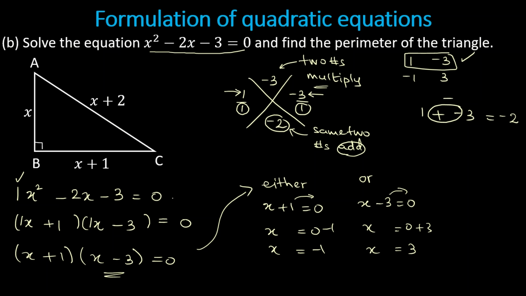Now again, this is a question of application, a question of formulation. You have to select your answer. Will it be the first answer, x equal to negative 1? If we take a look at the given diagram, which is a triangle here, we are saying x is negative 1.